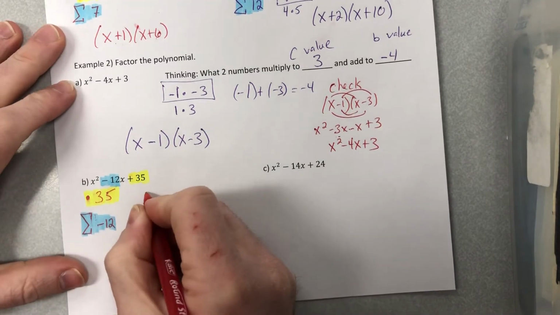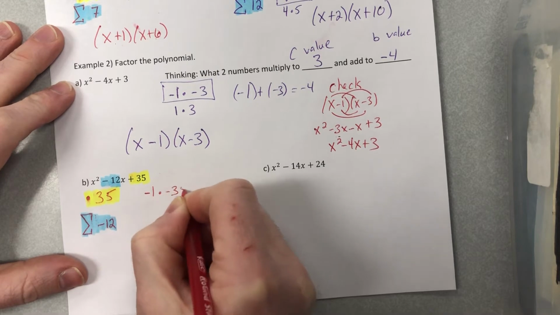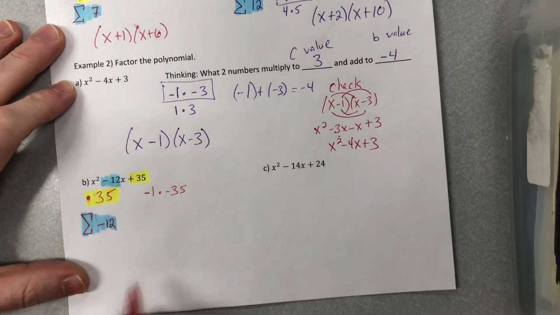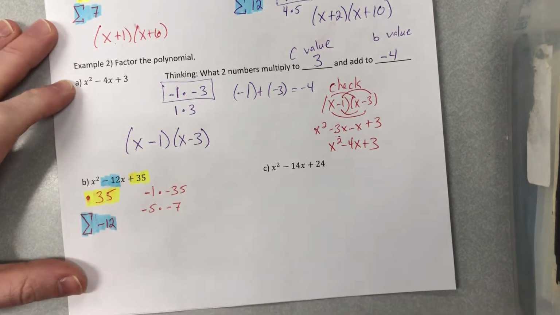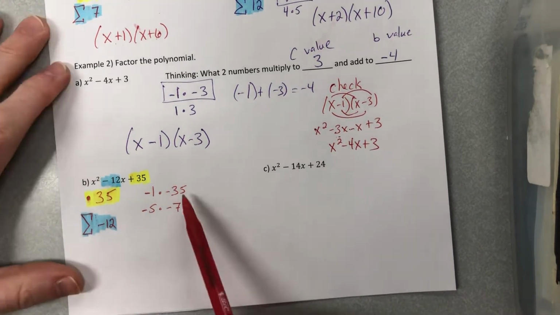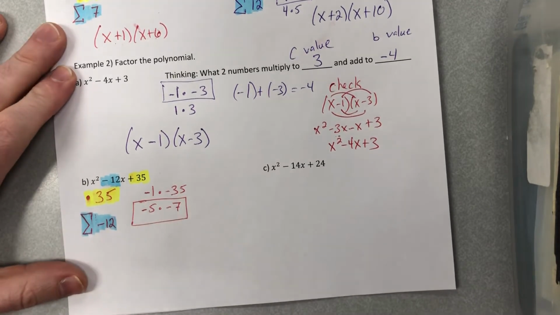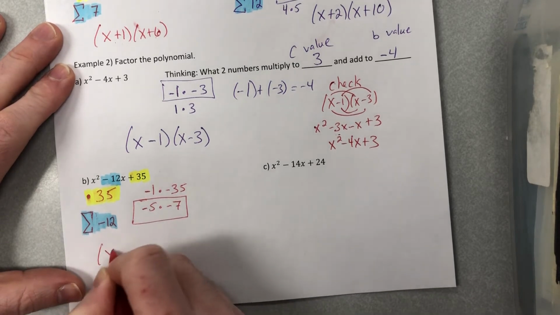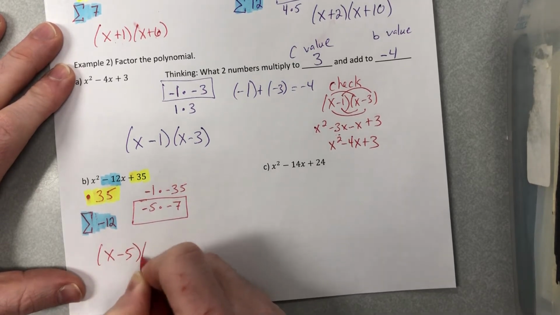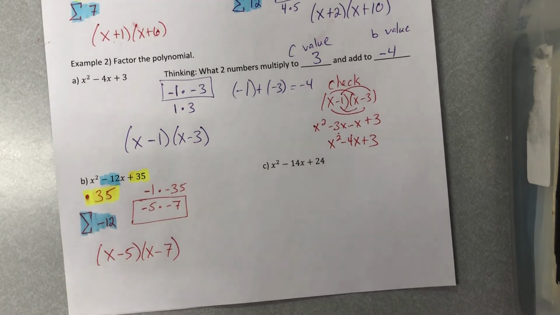No. So when we do the factors of 35, it'd be negative 1 and negative 35, negative 5 and negative 7. Well, which pair of these add to negative 12? It would be negative 5 and negative 7. So our parentheses would be x minus 5 times x minus 7.